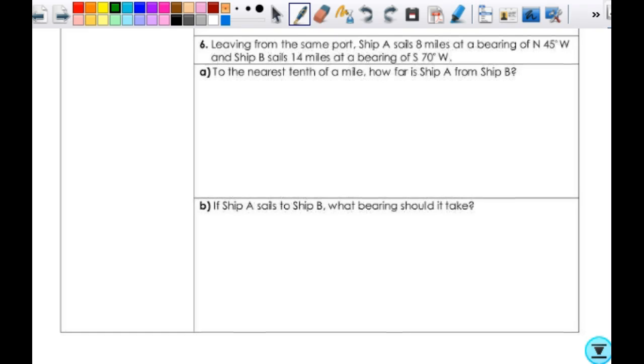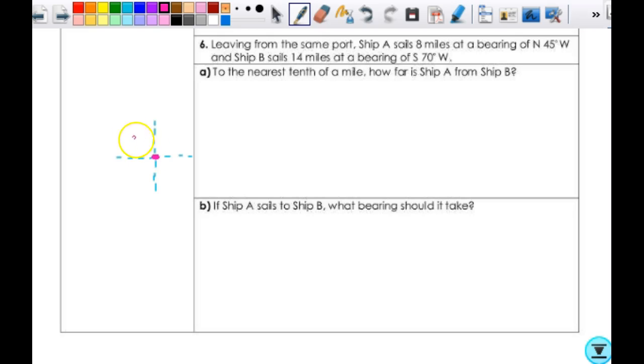All right, so here is my starting point, my north, south, east, west here. And it says that leaving from the same port, so here's the port where the ships are going to leave. Ship A sails 8 miles on a bearing of north 45 degrees west. One of the reasons mine was a little sloppier is because I had my north-south line drawn, but I didn't draw my east-west line, which you don't always have to.